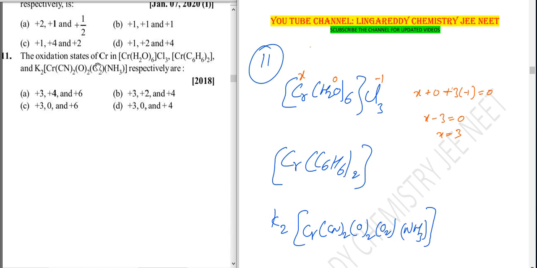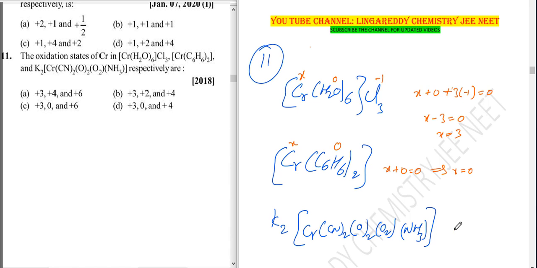For the next one, benzene is a neutral molecule, so total 0, that means the chromium is x plus 0 equal to 0, that means x equal to 0.